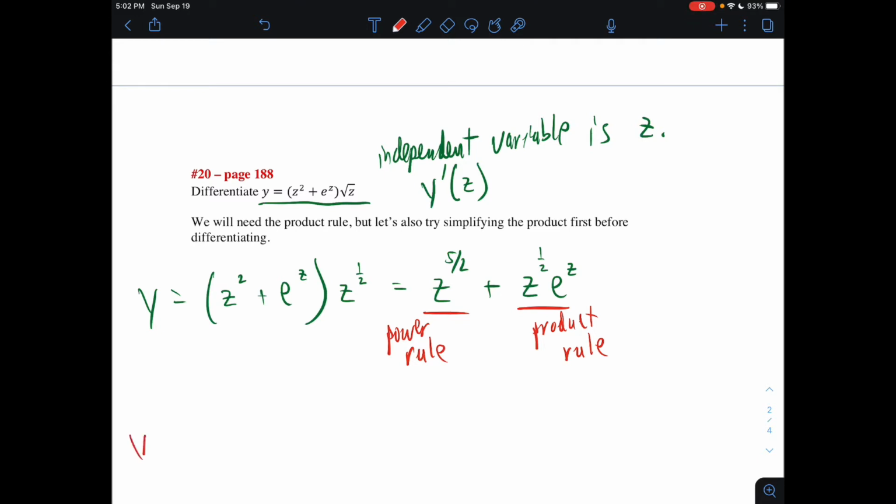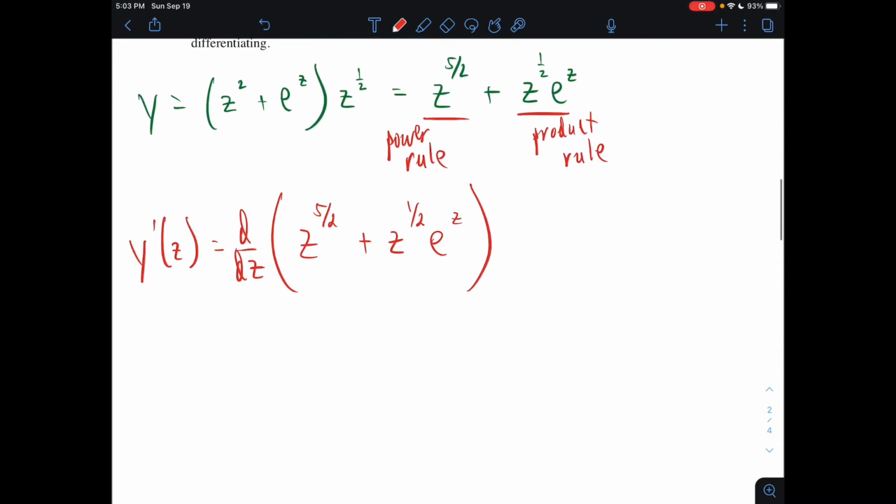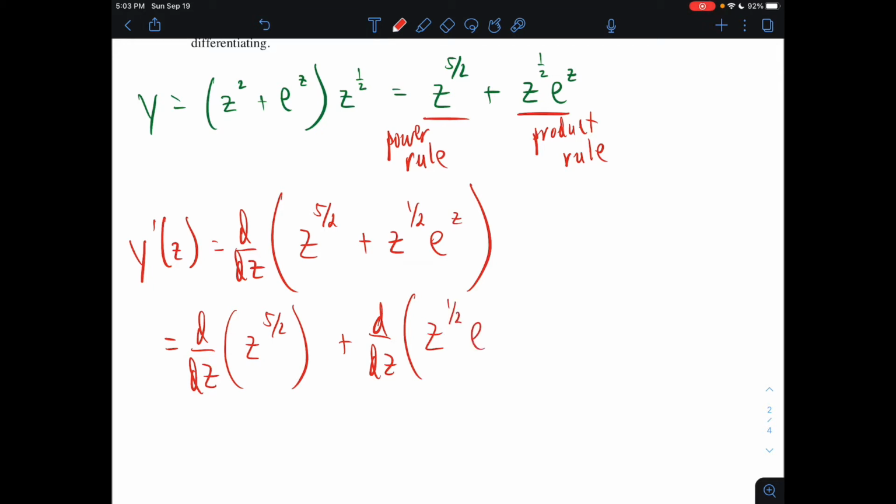So y prime of z will be the derivative with respect to z this time of z to the 5/2 power plus z to the 1/2 times e to the z. And again, we can distribute our derivative just like we saw in section 3.1, the derivative with respect to z of z to the 5/2 power plus the derivative with respect to z of z to the 1/2 times e to the z.